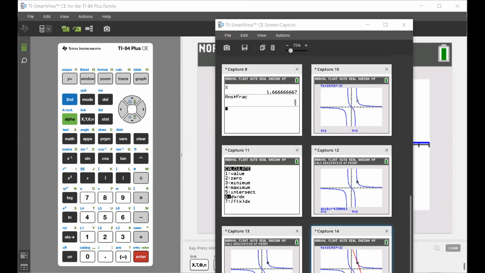For the average cost, call it C bar, that's C of x divided by x, so 10,000 plus 8x divided by x. Then for the average revenue, we call it R bar.